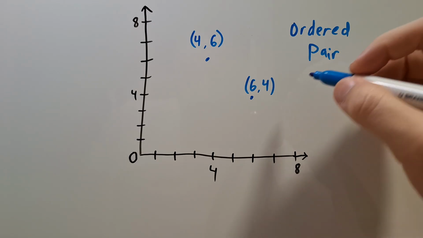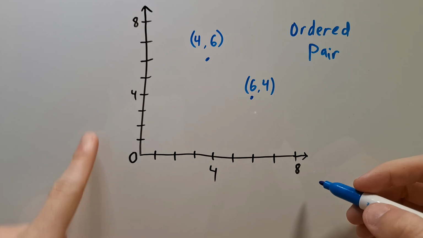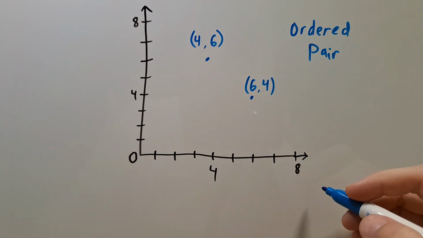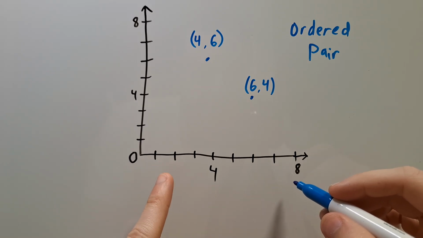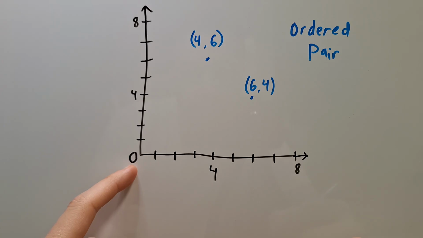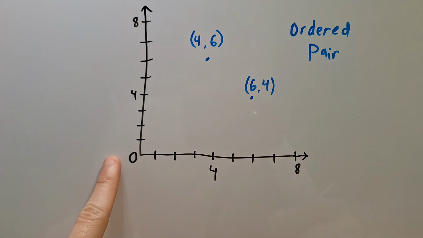Remember that we will move along the horizontal axis first, followed by the vertical axis second. We'll expand on this in another video, but remember, we will always start at 0. We'll move to the left or the right first, and then we'll go up or down second, and we'll go over more foundations in the next video.